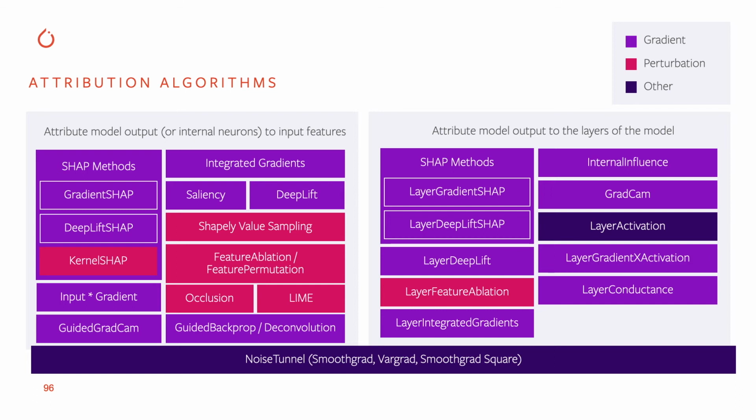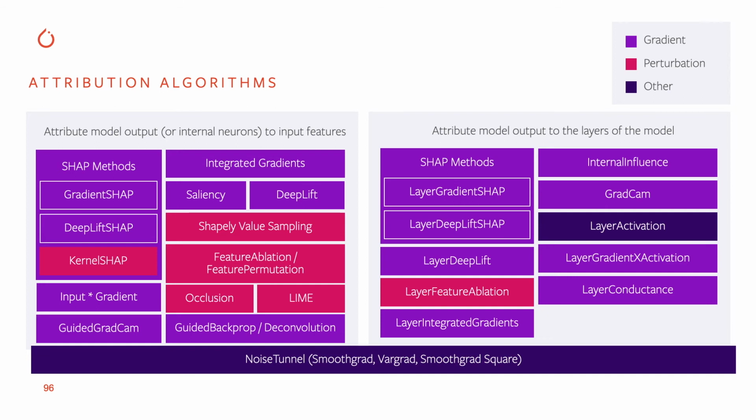On the left side of the diagram, we see the list of attribution algorithms that allow us to attribute the output predictions or internal neurons to the inputs of the model. These are also primary and neuron attribution algorithms. On the right side of the diagram, we can see the list of the algorithms that allow us to attribute output predictions to all neurons in an internal layer.